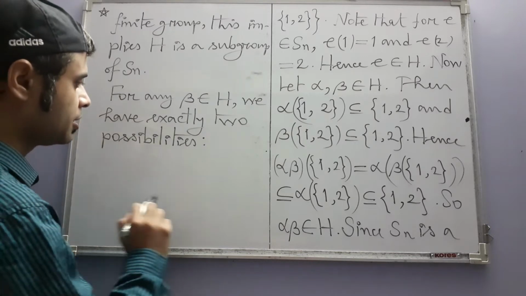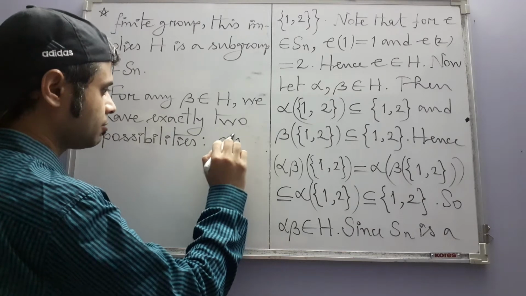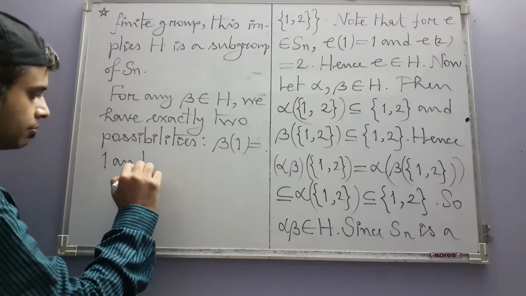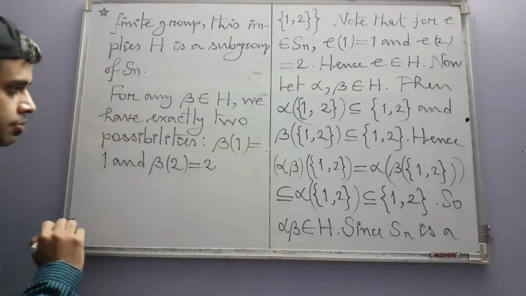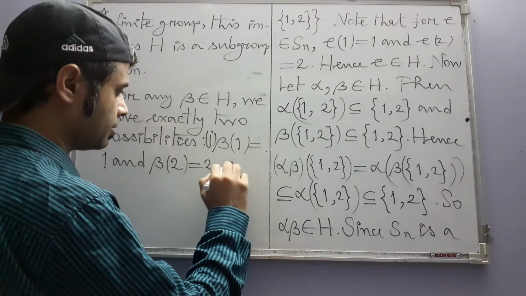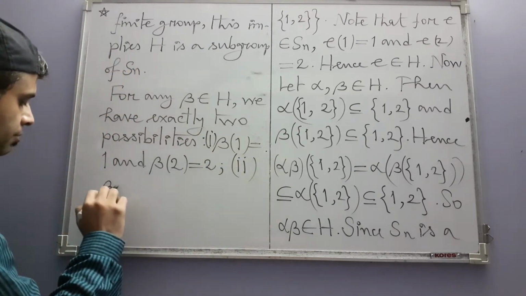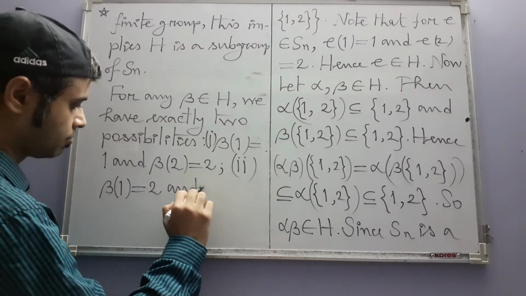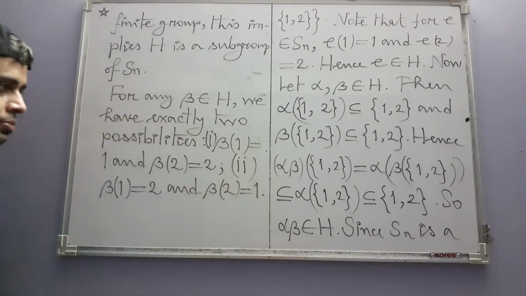And those two possibilities are this: beta of 1 is equal to 1 and beta of 2 is equal to 2. So this is one. Let's just call this 1 and 2. The other is beta of 1 is equal to 2 and beta of 2 is equal to 1.